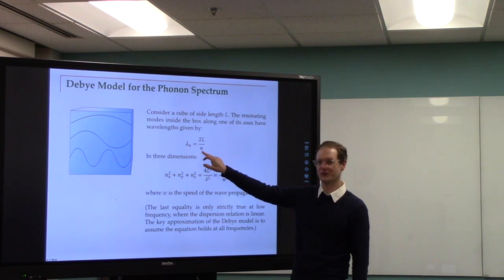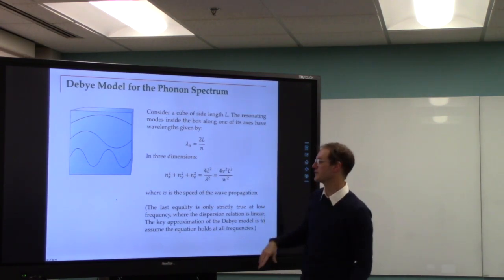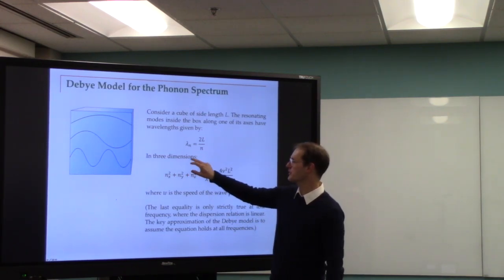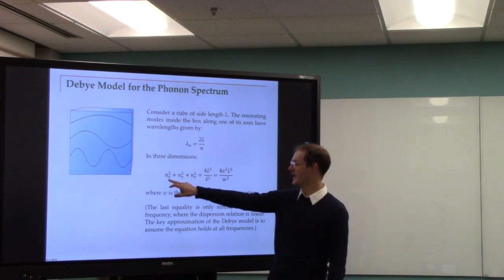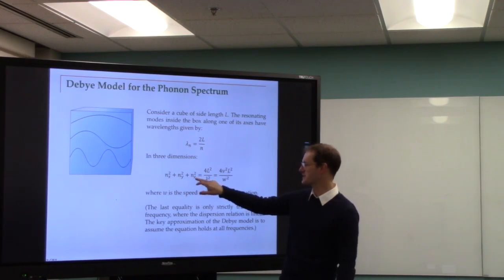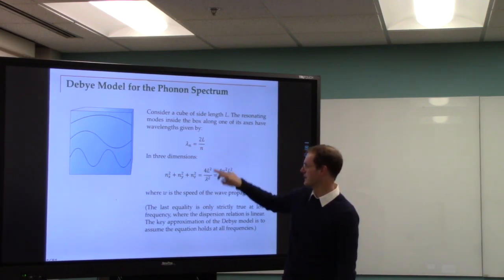So that's just the formula for standing waves of a certain length. And the three-dimensional analog of this equation looks like this. So nx squared plus ny squared plus nz squared has to be 4L squared over lambda squared.